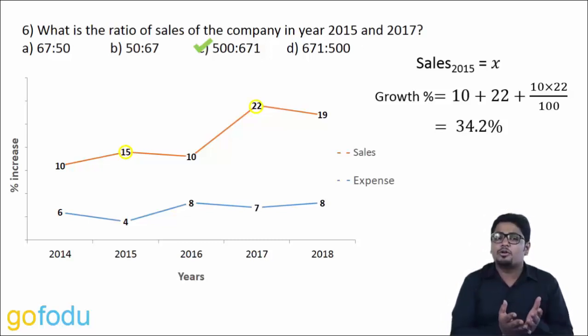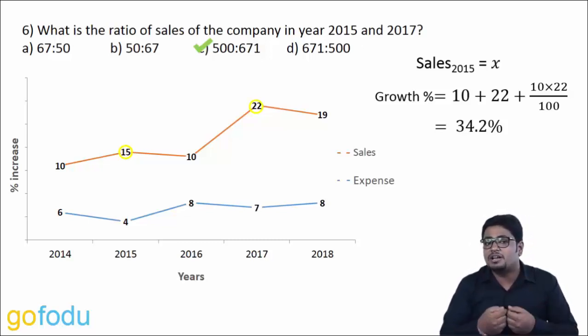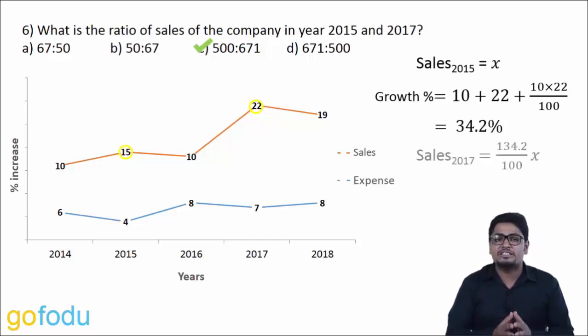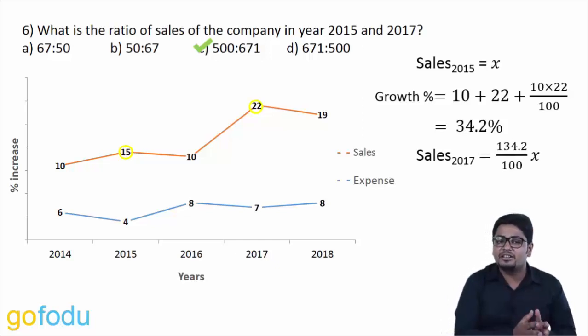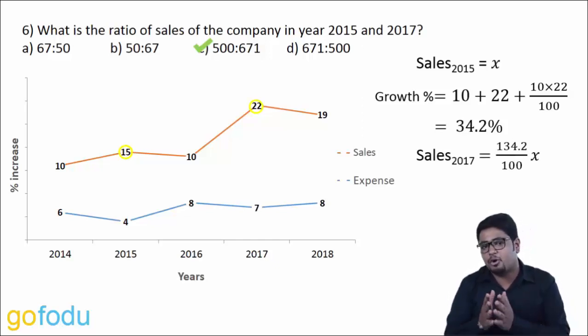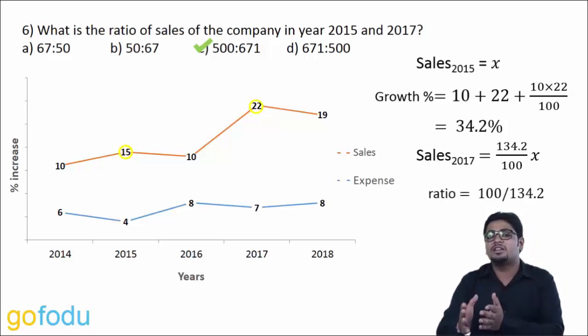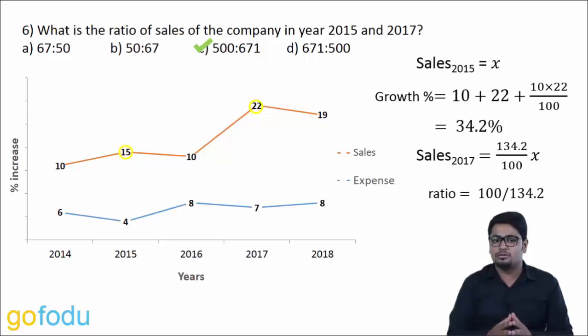An increment of 34.2% means a multiplying factor of 134.2 by 100. So, sales in 2017 will be 134.2x upon 100. And finally, the ratio will be 100 upon 134.2. Remove the decimal and simplify the fraction by dividing by 2. You will get the answer as 500 upon 671.